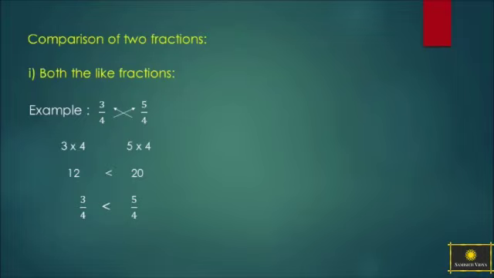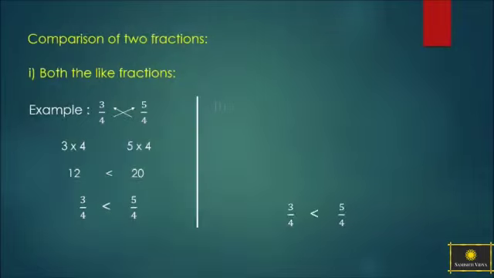So 12 is lesser than 20. That means the first fraction, that is 3 divided by 4, is lesser than the second fraction, that is 5 divided by 4. In the other way, we need to compare only the numerators.